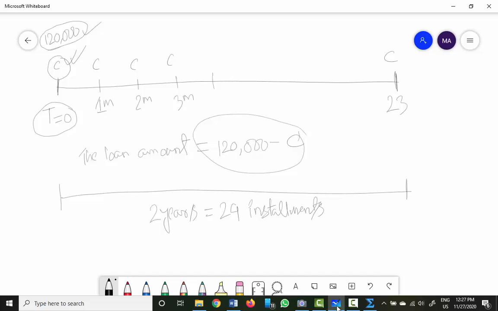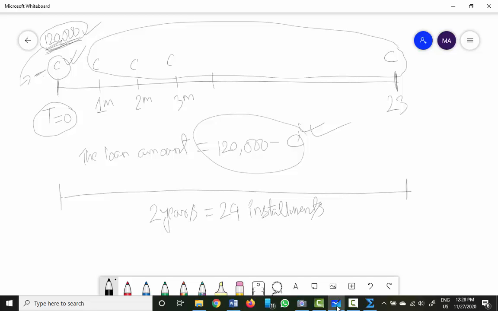So this is the present value of the loan amount, and this is the cash flow you need to pay off.